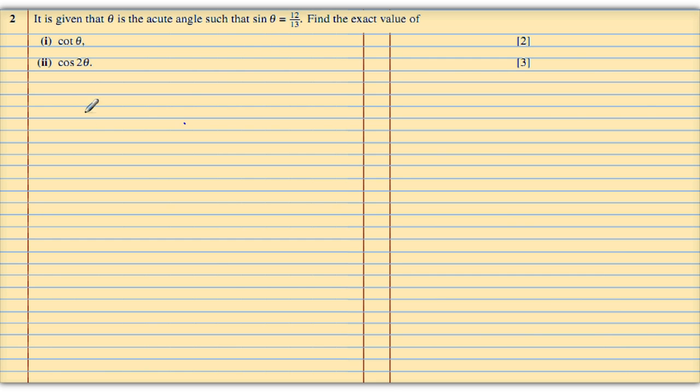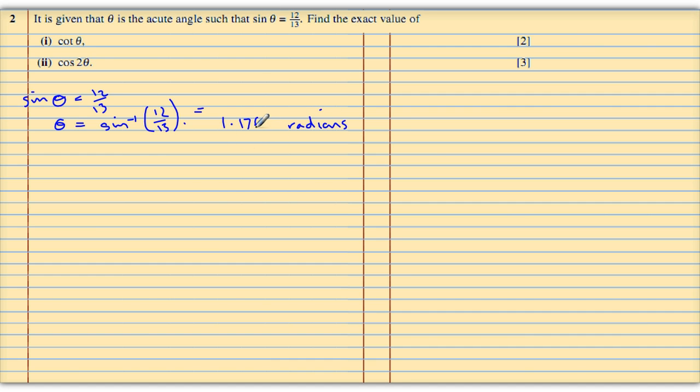So theta equals sine inverse or arc sine of 12 over 13, and that gives us 1.176 radians. This is about 67 degrees, which is an acute angle, so that satisfies the question.